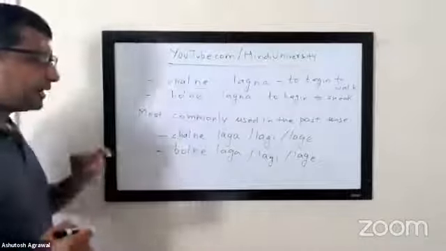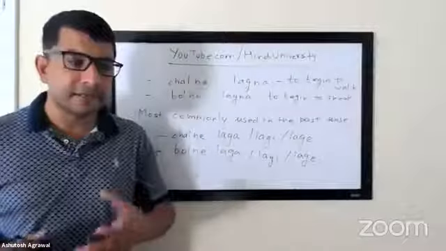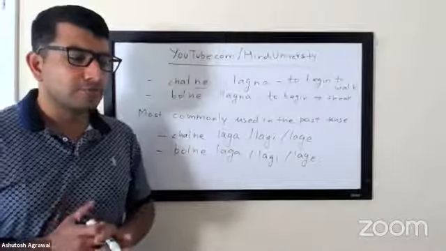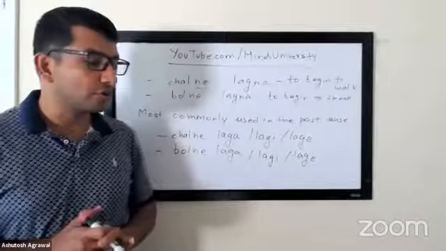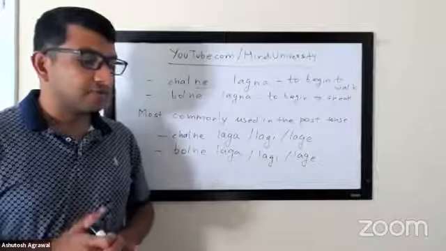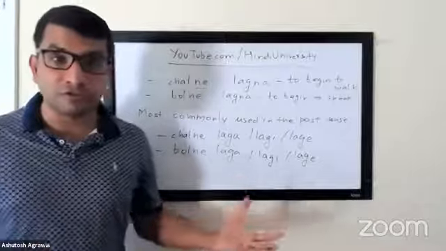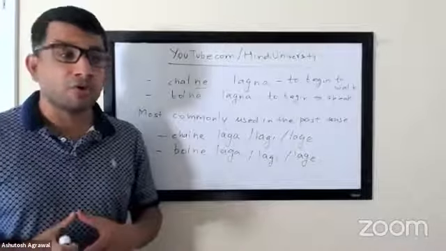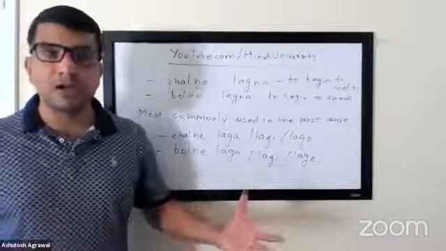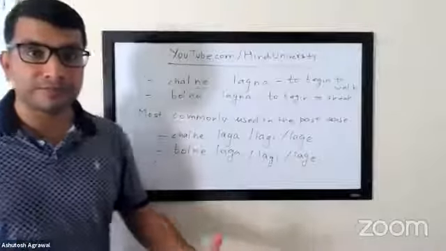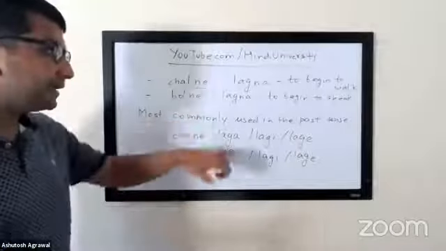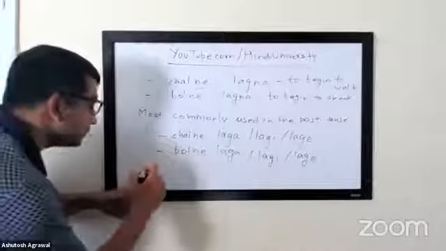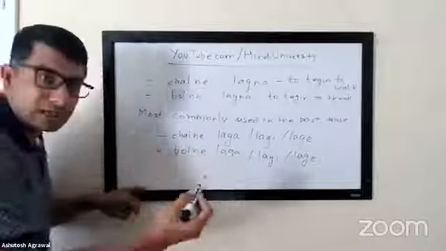The scenario I was trying to highlight is, let's say you go to a restaurant or a food truck and you see a lot of food, and your reaction would be, after seeing a lot of food, I started feeling hungry, or I began to feel hungry. So to feel hungry is bhook lagna.